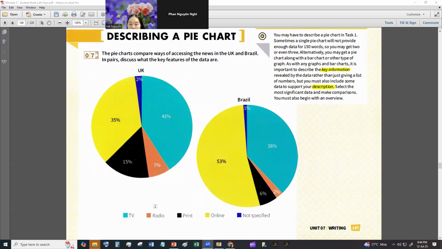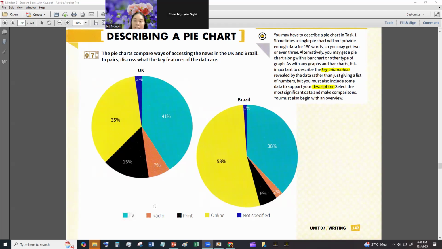The UK. That's right, the UK. Okay, good job. So we have print, radio, and not specified, all being higher in the UK compared with Brazil, right? However, the percentage of people using online sources of news is much higher in Brazil.